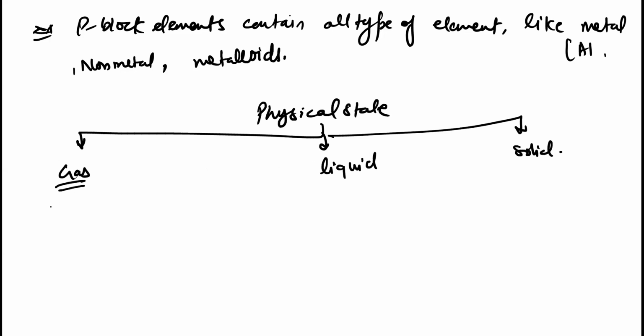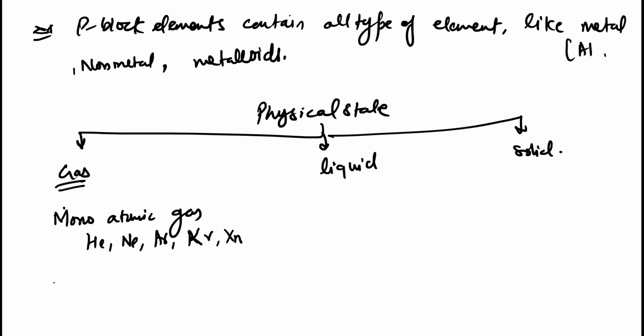Gases are generally the noble gases and the diatomic gases. Monoatomic gases like helium, neon, argon, krypton, xenon. And the diatomic gases like H2, N2, O2, F2, Cl2.